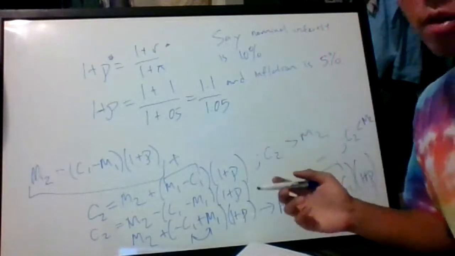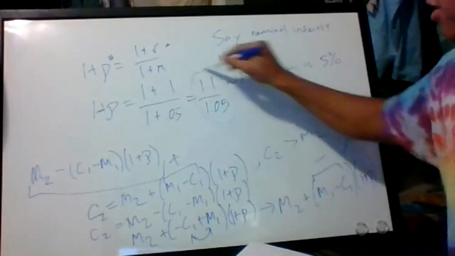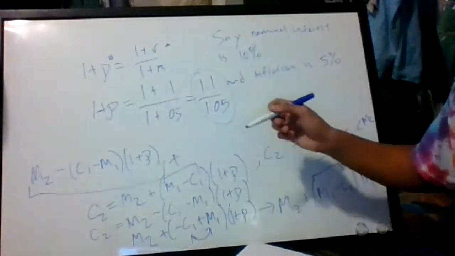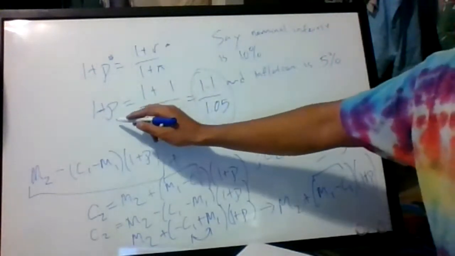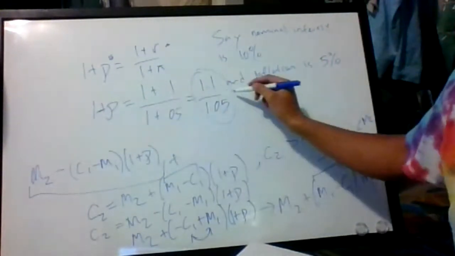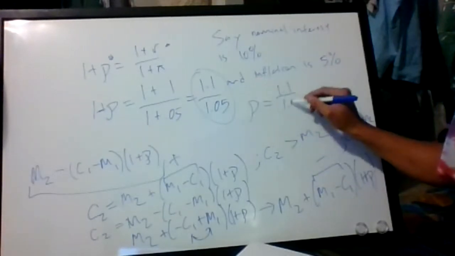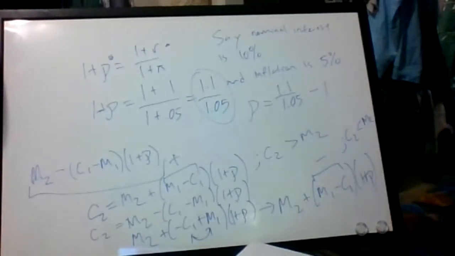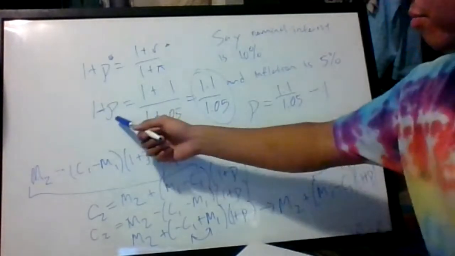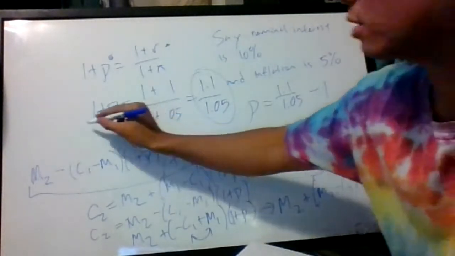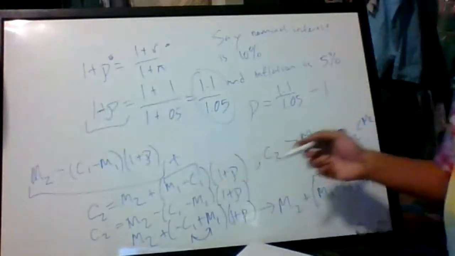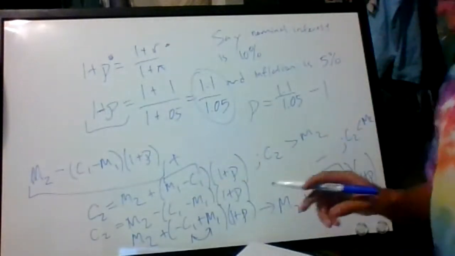I don't have a calculator on hand, but this is essentially what 1 plus rho would be. So if you want to find rho specifically, you would subtract 1 from this side. So rho is equal to 1.1 over 1.05 minus 1. But typically you can just attach 1 plus rho as a package deal.